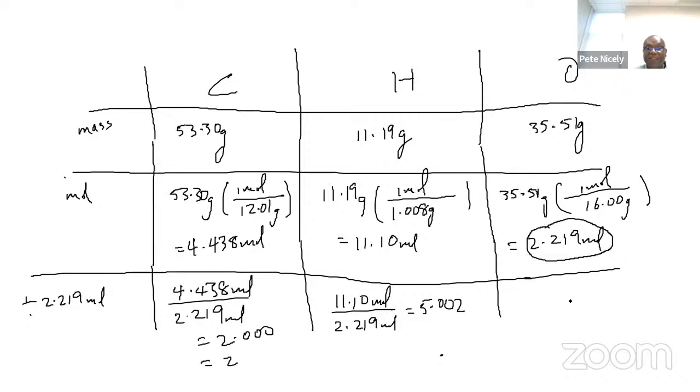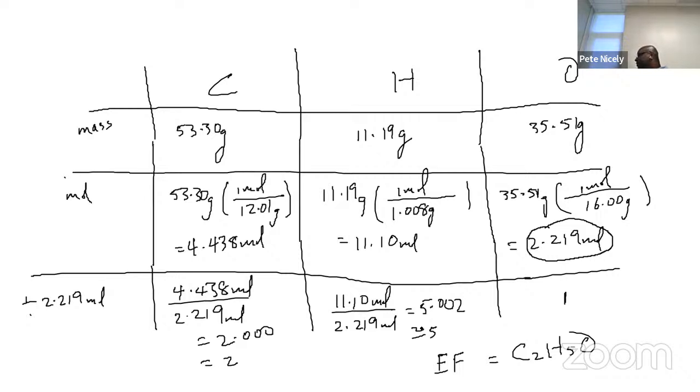And this divided by itself will give you 1. So the empirical formula in this case works out to be C2H5O, because this here is approximately 5. So that would be the empirical formula for this particular compound. So that's the B part.